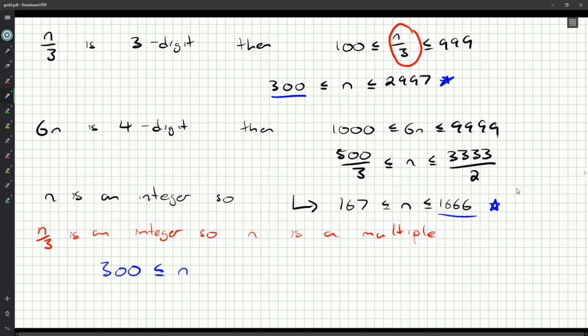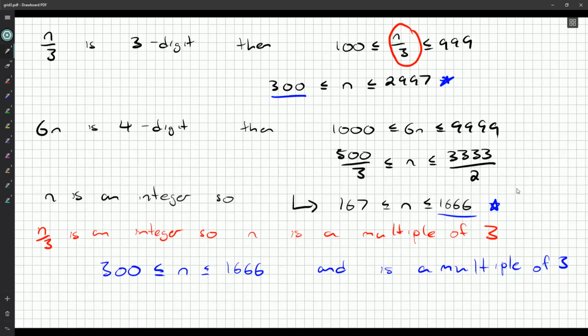And 1666 is the smaller of the two upper bounds. So we've got a multiple of 3 in this range. So we just need to count how many multiples of 3 are in this particular range.